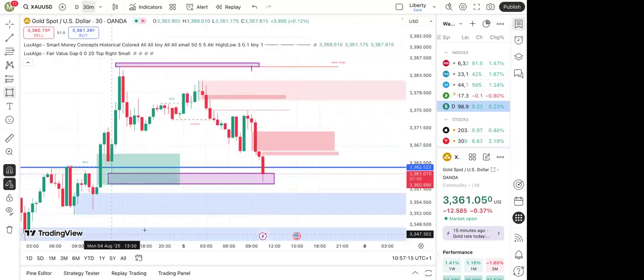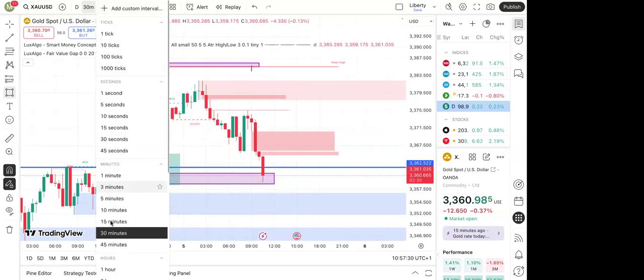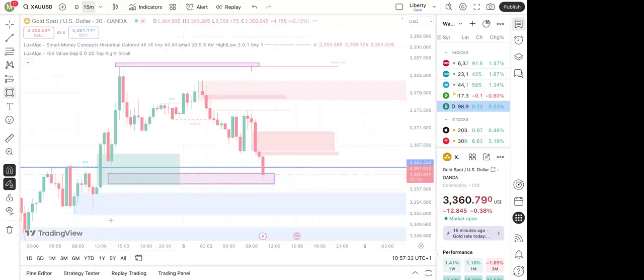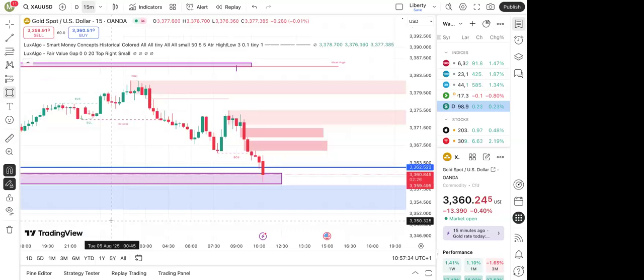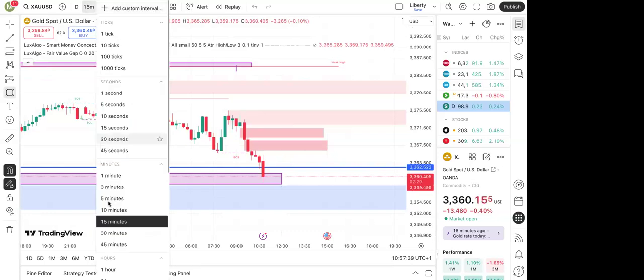Yeah, 30 minutes is clearer. There is a fair value gap on the other side of the zone. Our analysis is still holding, and that's telling us that very soon we should be able to buy gold because it has come to the support, it has come to the supply zone.